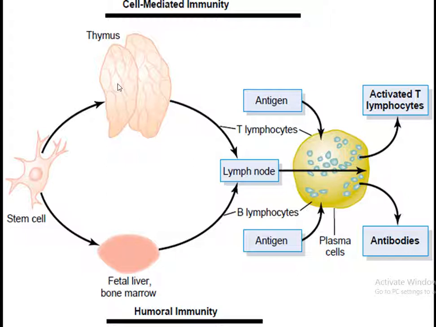What happens? In the thymus, they are getting the training. These cells are trained in such a way that they can differentiate between the body tissue cells and the foreign tissue cells.